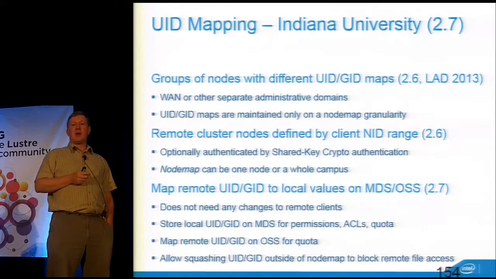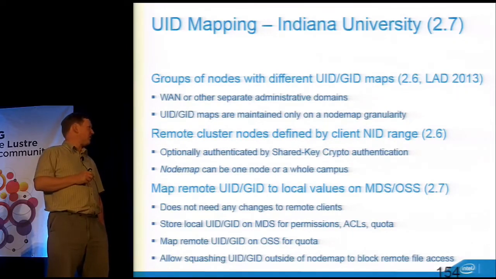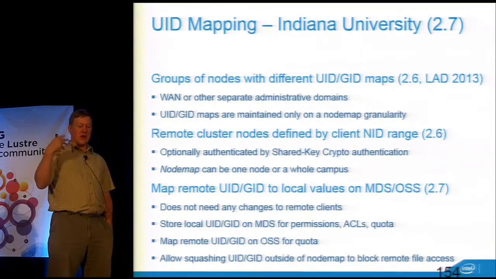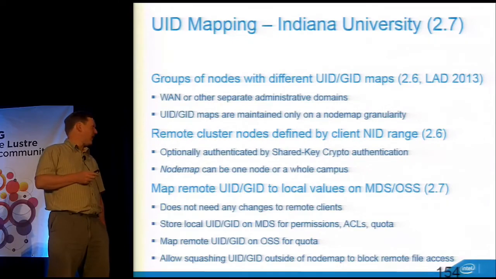Like I mentioned earlier, this is useful for allowing remote systems with different user databases to connect to a shared file system, which is very useful if you don't control all of the clients that are connecting to your file system.